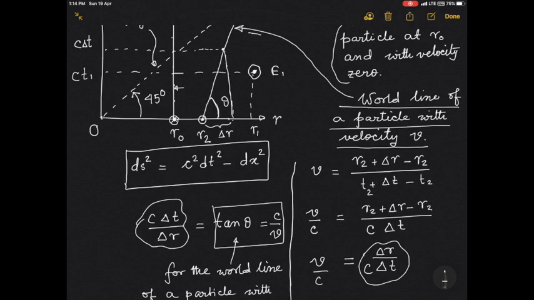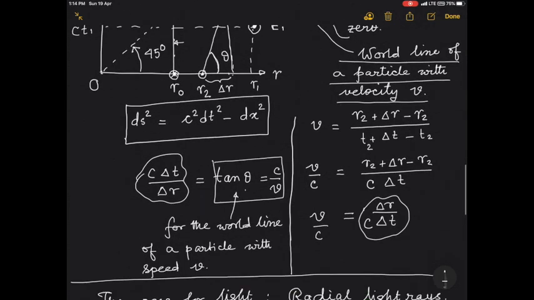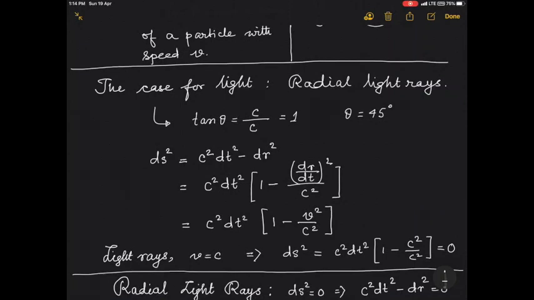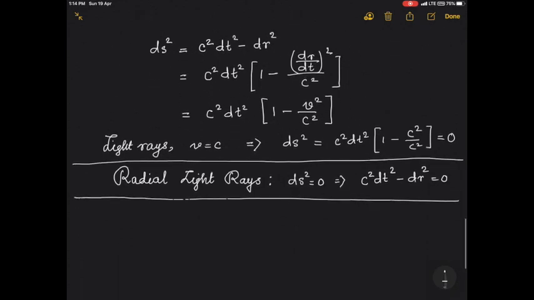Then we figured out that the angle this world line makes for a particle with velocity v, the tangent of that angle is given by c by v, where c is the speed of light. And if I consider a radial light ray, then the velocity is also c, so tan theta becomes 1, theta becomes 45 degrees, and ds square is 0.